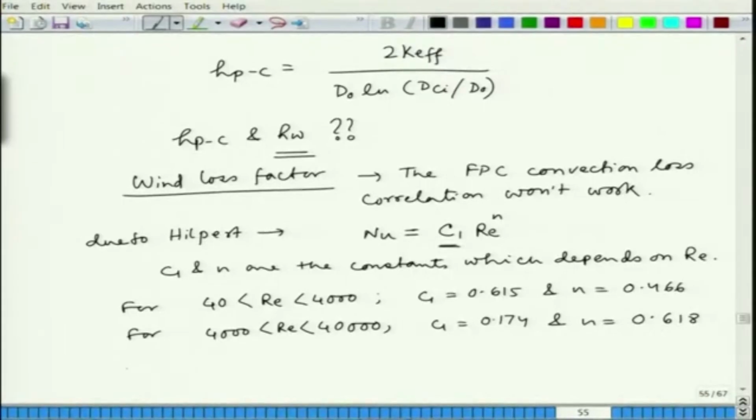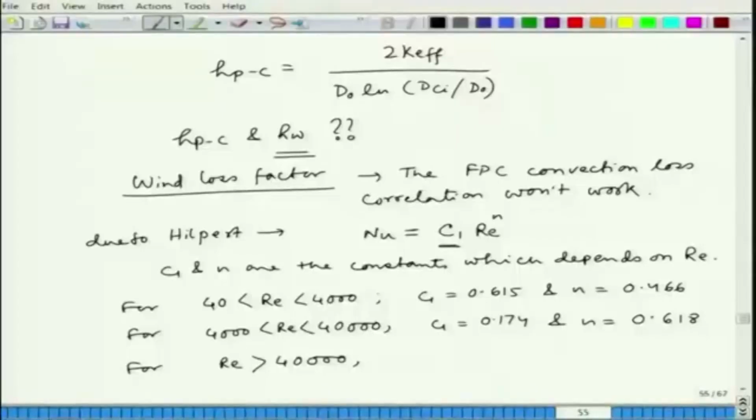Okay. And for the even higher range, okay, Reynolds number greater than 40,000, which very rarely you will encounter in a parabolic trough collector. Reynolds number above 40,000 is almost never used. Okay. I mean this is the natural convection, right.